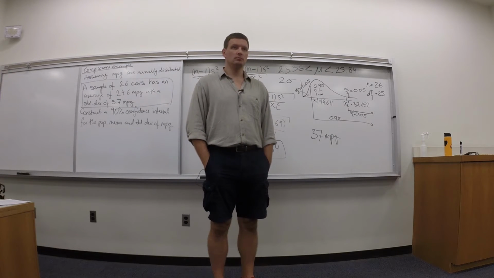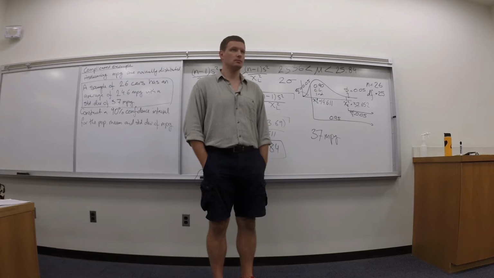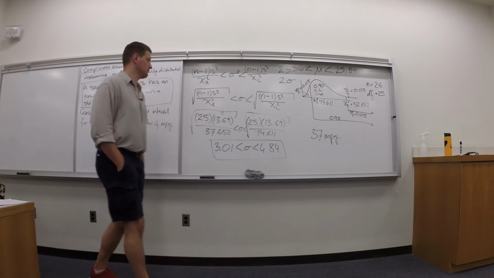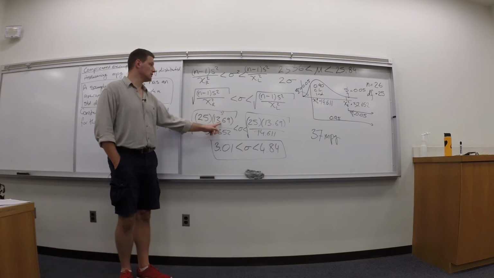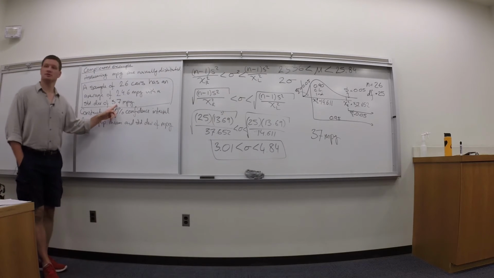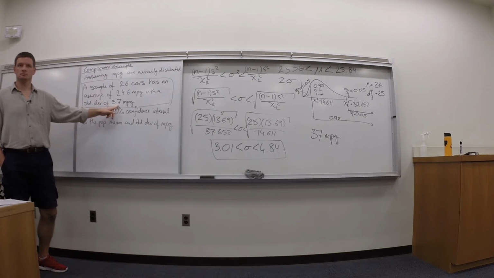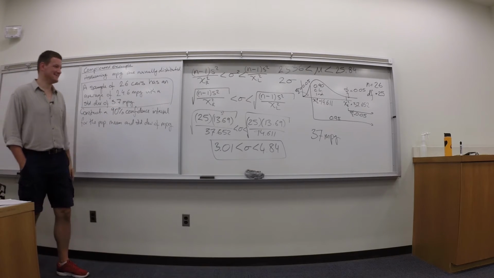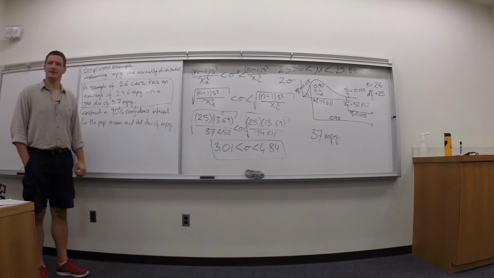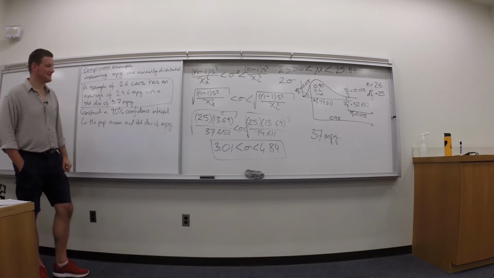Okay. Should we do one more? 13.69? This is s squared, which is this, 3.7 squared. Oh, yeah. You have it. No, I had it as 13.69 squared. I realize it now. Oh, awkward.